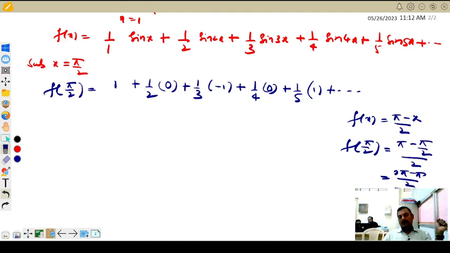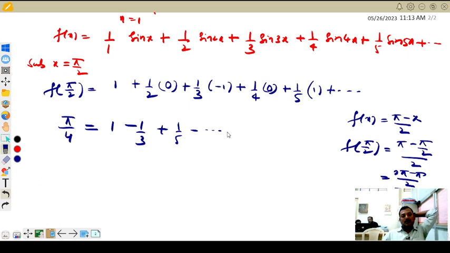This is 2 pi minus pi is pi, divided by 2, which comes to the denominator, it will become 4. Therefore, this is pi by 4 is equal to 1, plus 0, minus 1 by 3 plus 1 by 5. This is the required result, students.